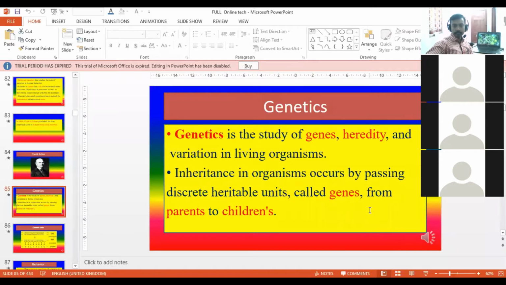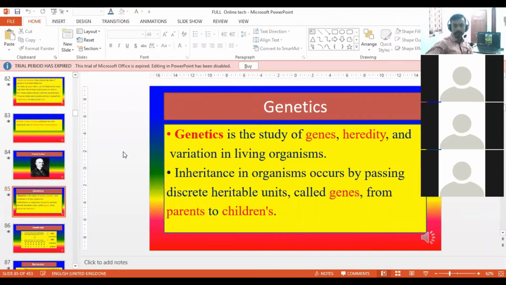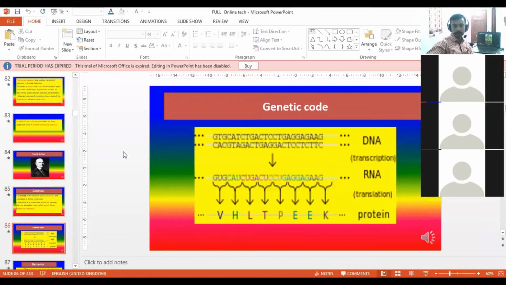Inheritance is the passing of heritable units called genes from parent to children. Genetic code: DNA, RNA.